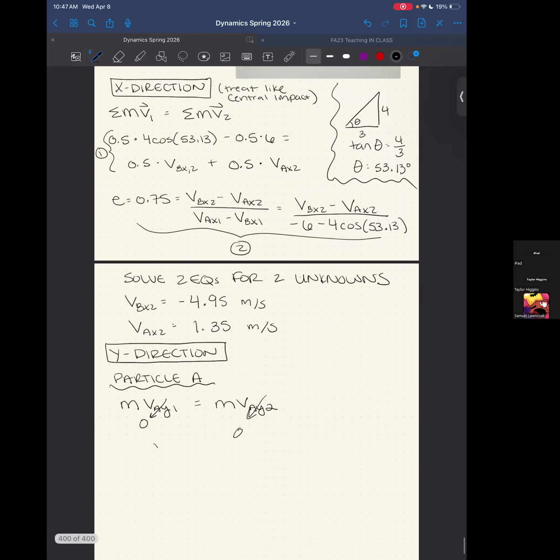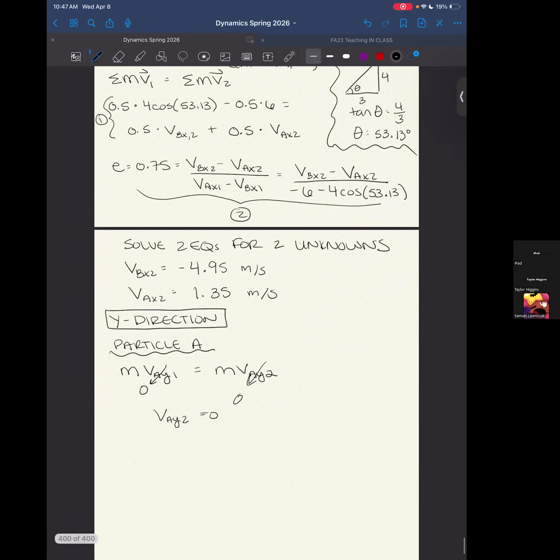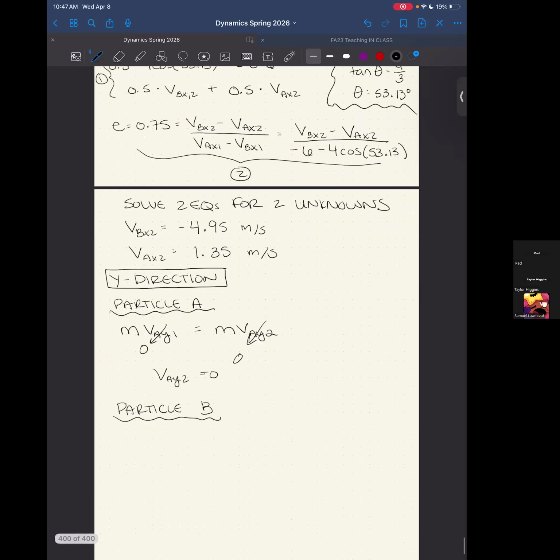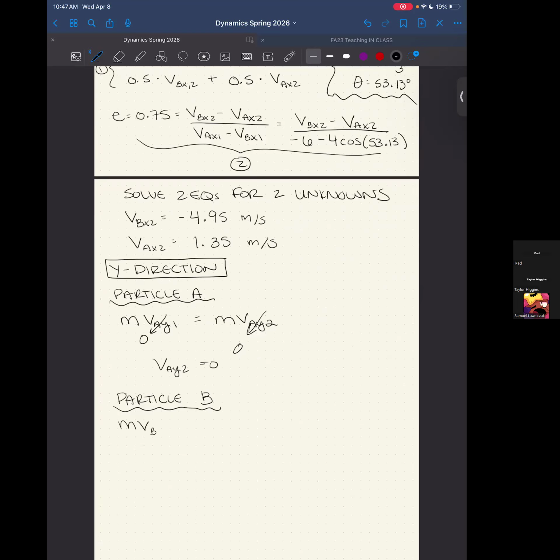Okay, so VAY2 is 0, and for particle B, the masses cancel.